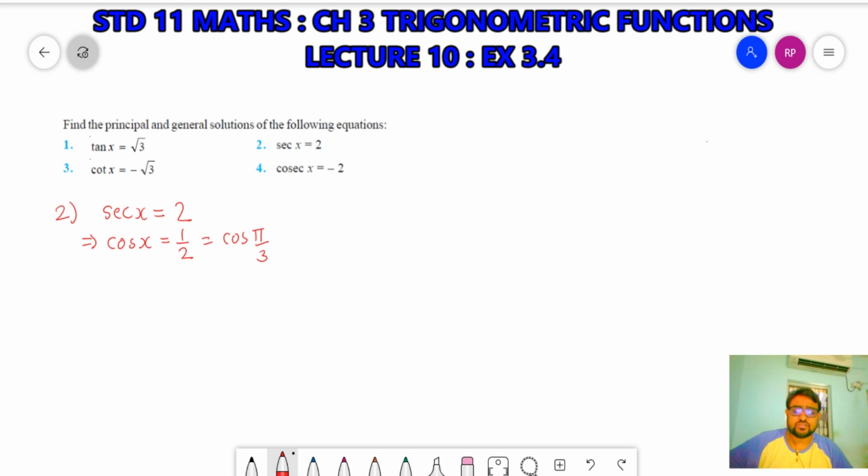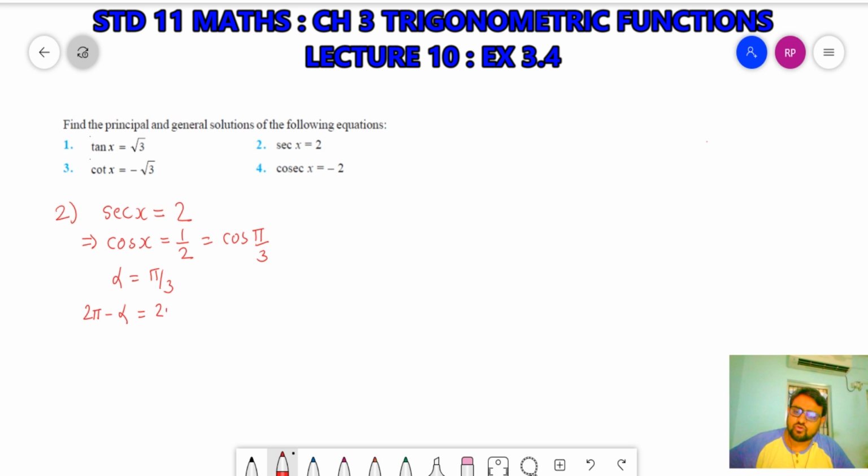Now cos is positive in the first and fourth quadrant. Here alpha is equal to pi by 3, and for the fourth quadrant I will take 2 pi minus alpha. Remember this: for the first quadrant alpha, second quadrant pi minus alpha, third quadrant pi plus alpha, and fourth quadrant 2 pi minus alpha.